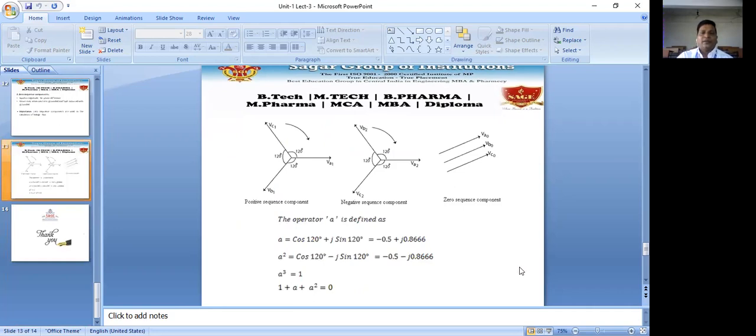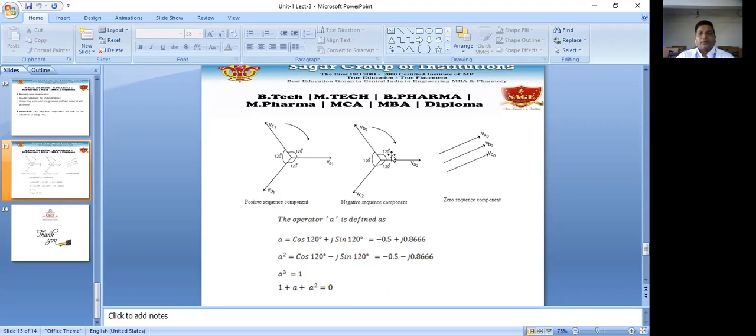We can see the diagrams. First is the positive sequence components VA1, VB1, and VC1, which have the original phase sequence and a displacement of 120 degrees from each other.